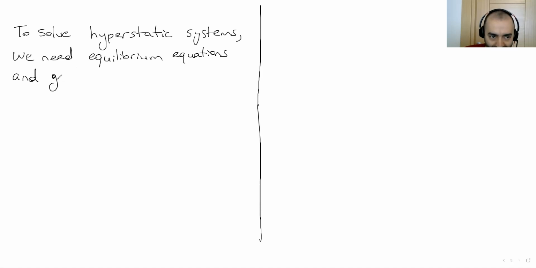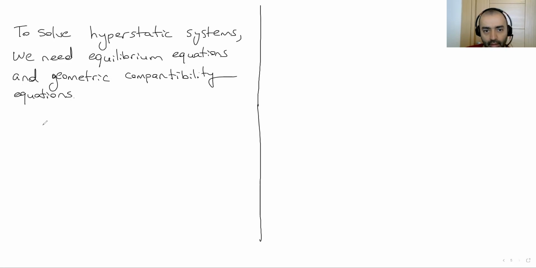Geometrik uygunluk denklemleri. Geometric compatibility. Okay.